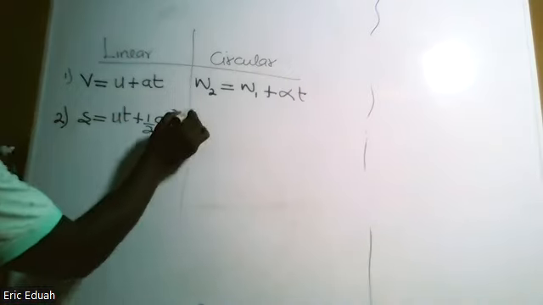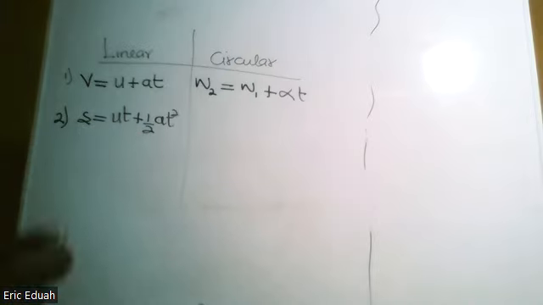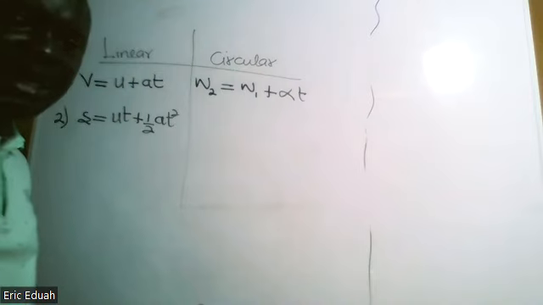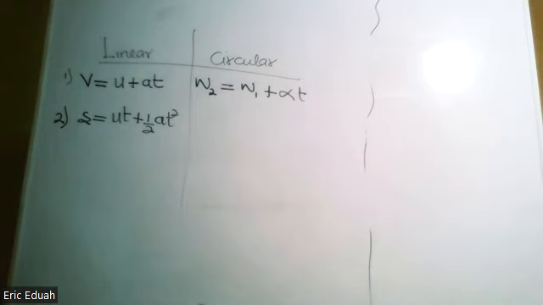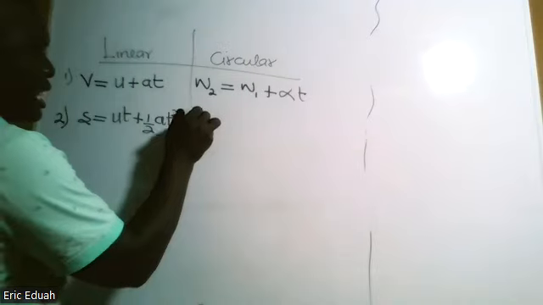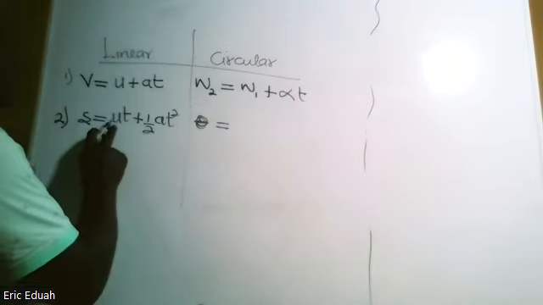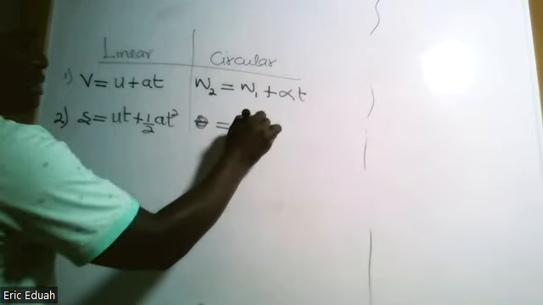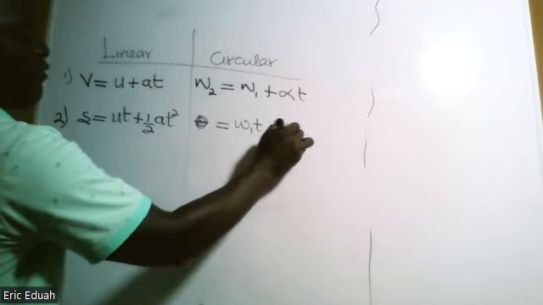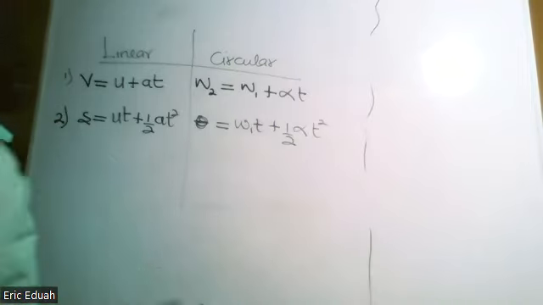Under circular motion, S will be theta, the angular displacement. So theta is equal to initial angular velocity times T plus half angular acceleration times T squared.